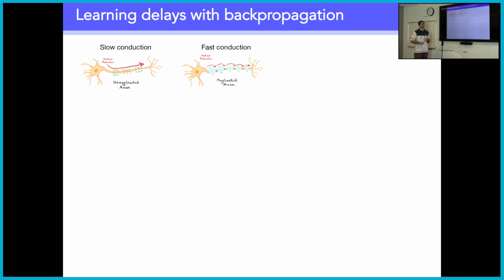And we know that with development, between childhood and adulthood, this myelin changes a lot. And so it suggests that the thickness of the myelin can be learned. And this is something that we can also do in spiking neural networks.